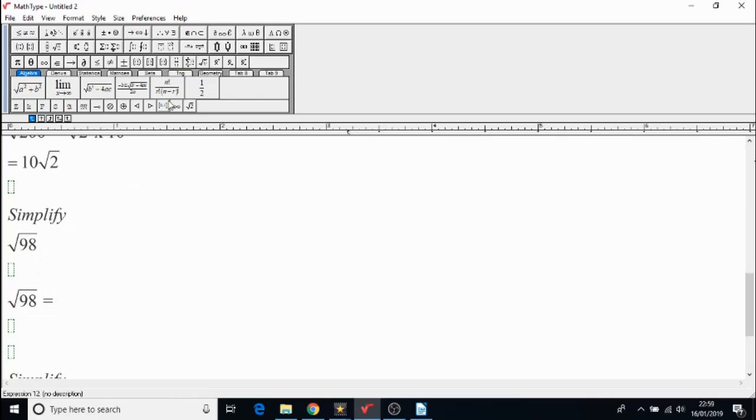You could divide it by 2 to find out its factors and work with the remainder. So we know 2 goes into 98 because it's an even number. And we know what you multiply by 2 to get 98 is 49. So the square root of 49.